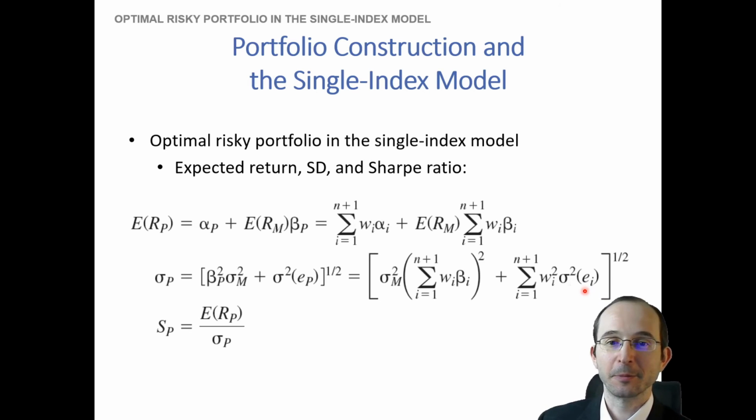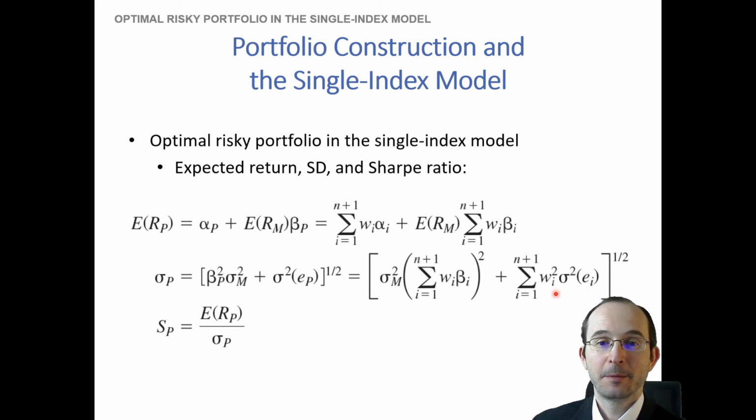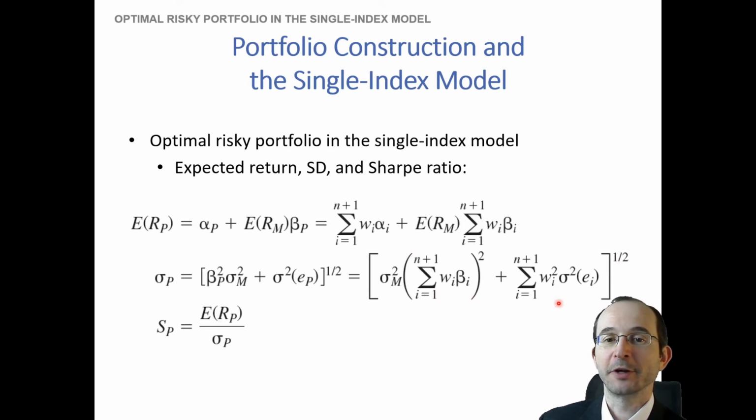That's the distance from the mean being 0. And then all we do is just multiply it by the weight squared. And if we then want the standard deviation, all we need to do is add these up to get the total variance of the portfolio and take the square root.